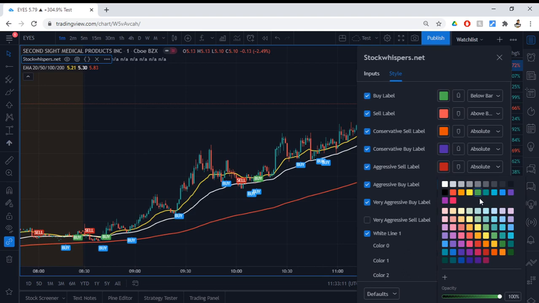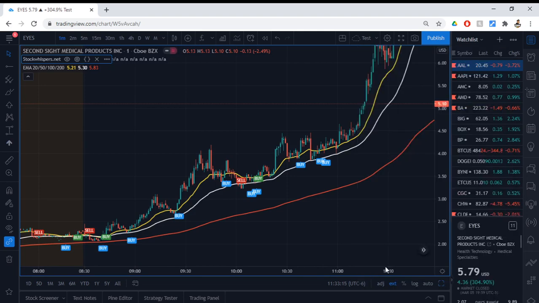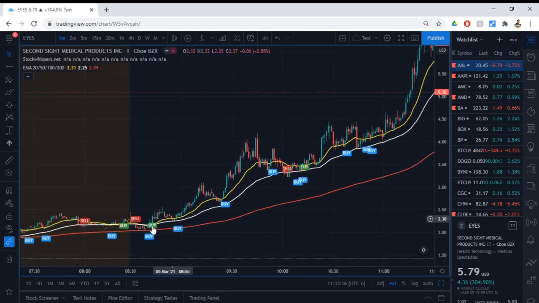Hold on. Okay, so the green and red are the aggressive strategy. The blue is the very aggressive strategy.